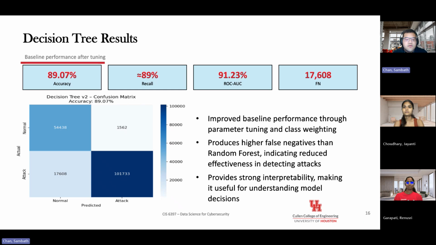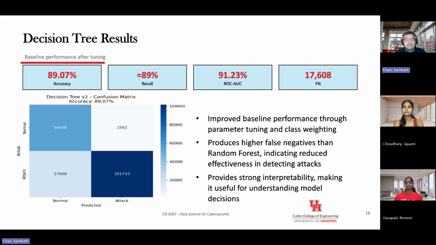Decision tree results. Here are the results: 89.07% accuracy, recall of 89%, and ROC AUC of 91.23%, as you can see. The false negatives are 17,608.